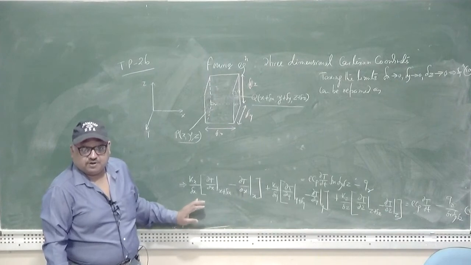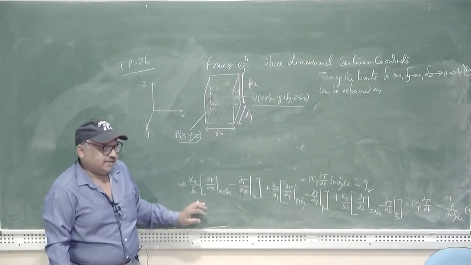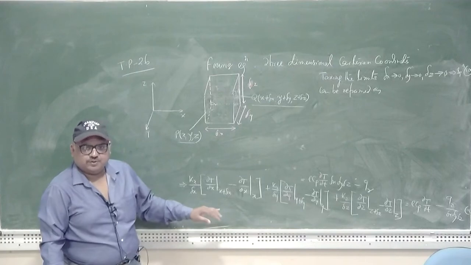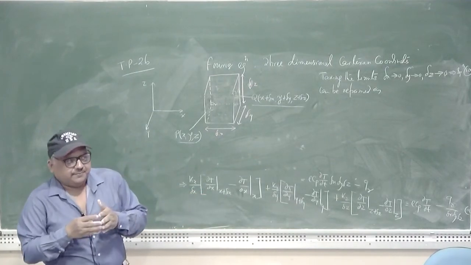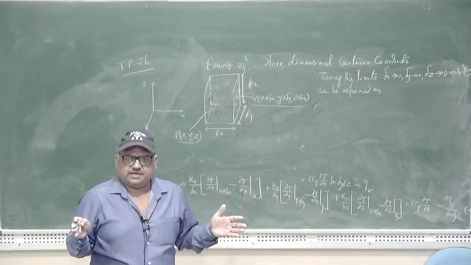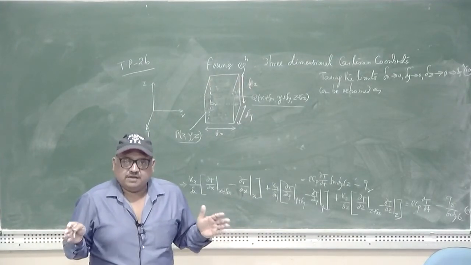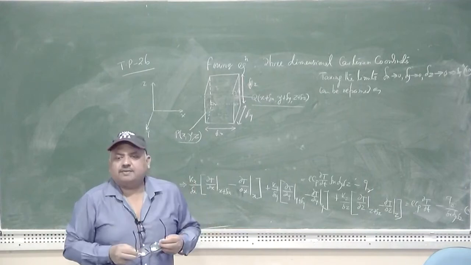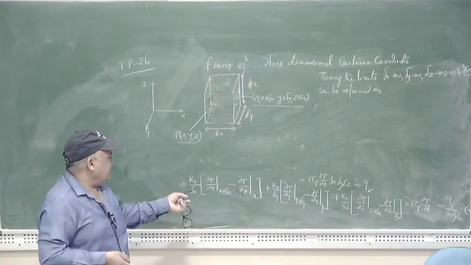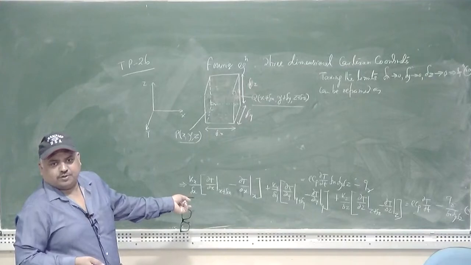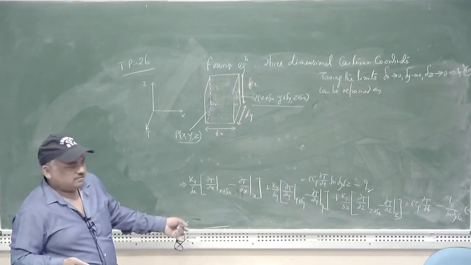So the first principle of the differential coefficient is saying here that this quantity should be equal to kx, because kx, that is the thermal conductivity, a component of the thermal conductivity along the x axis, may be regarded as a fixed quantity. If I am assuming that the thermal conductivity is not varying with respect to temperature, then that quantity will be equal to kx into del by del x, del T by del x.